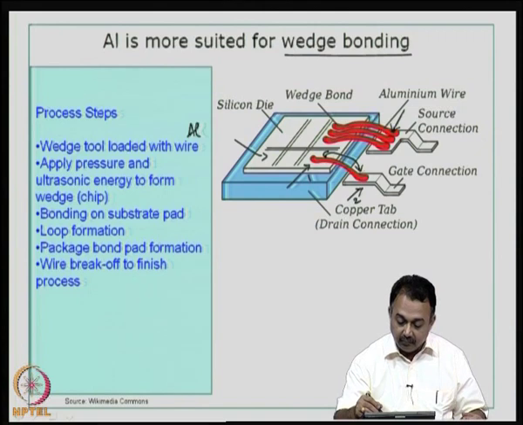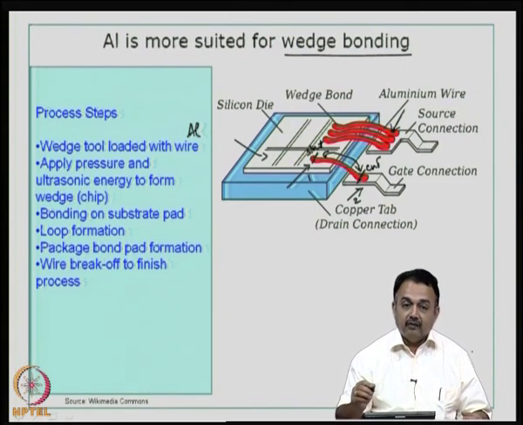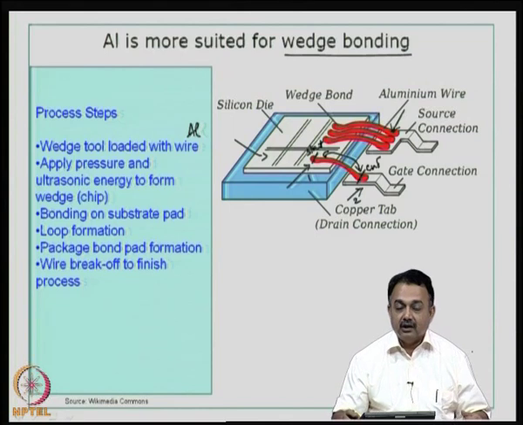And finally, the wire is broken off here. This is the start point and this is the end point. So, that completes the wedge bonding process. Now, this has to be faster in the industry if you want to have more throughput from the wedge bonding process.